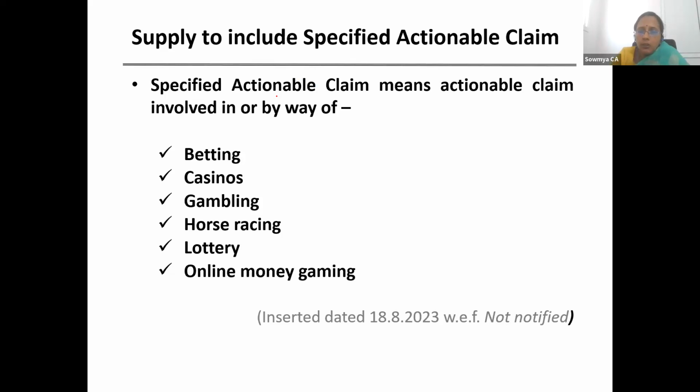So now we told that goods includes actionable claim, but I mean goods other than actionable claims. Goods does not include actionable claim, and the actionable claim has been excluded in Schedule 3 as well. But the department wants to charge GST on specified actionable claims. So this section has been introduced with effect from 18th August 2023, where another subset of actionable claim called a specified actionable claim has been included, and anything by way of betting, casinos, gambling, horse racing, lottery, and online money gaming will be included, and they will be taxable, and they are not part of Schedule 3 activities.